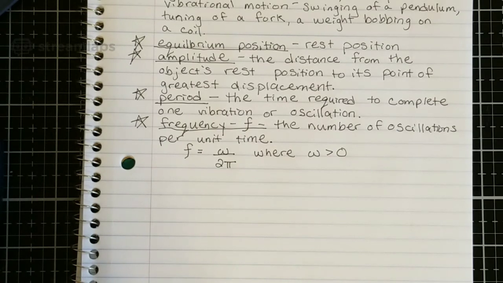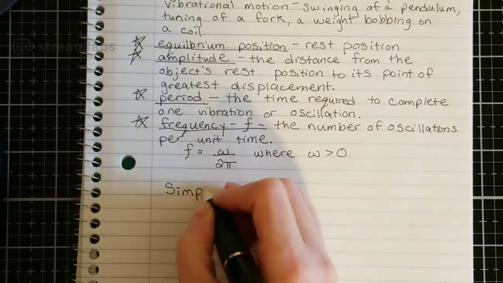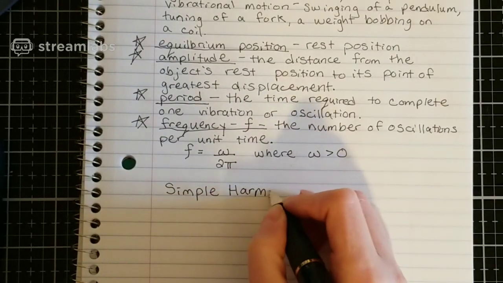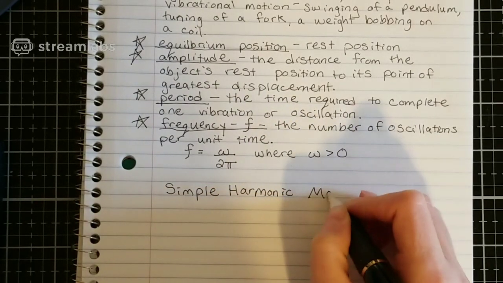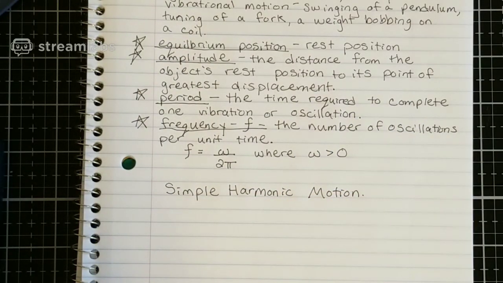Alright, so simple harmonic motion has some formulas that we need to go over, and then we'll start some of these problems. Okay, so it says an object that moves on a coordinate axis so that the distance d from the rest position at time t is given by either, there's two equations you can use.